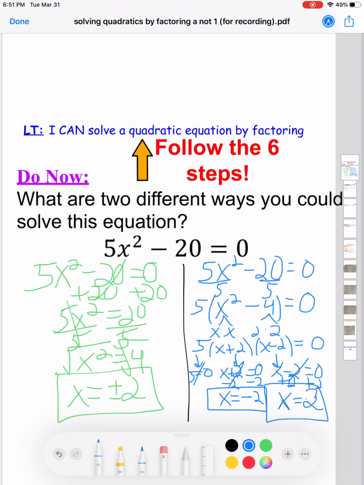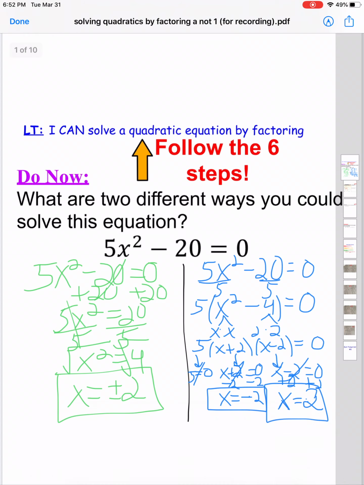You'll notice that we get the same answers that we got in the first method of solving. Either way, we can get positive or negative 2. What we're trying to show you here is that there are so many different ways that you can solve these quadratic equations. We're just learning different methods that we could use to solve.